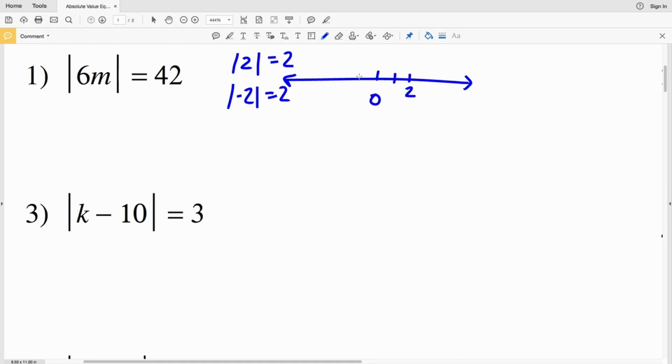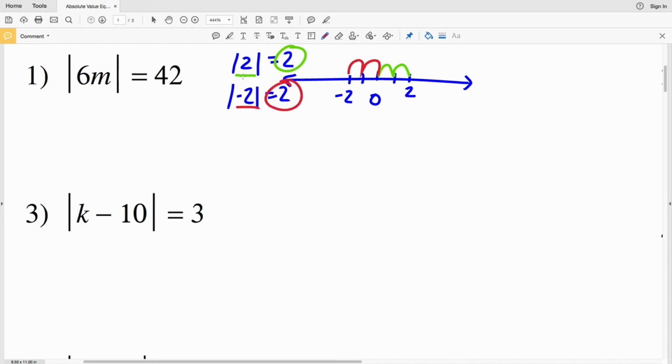So here's the positive 2, here's negative 2. The absolute value of positive 2 is 2 units away from 0. And negative 2 is also 1, 2, 2 steps away from 0.